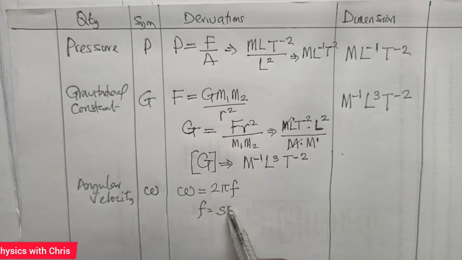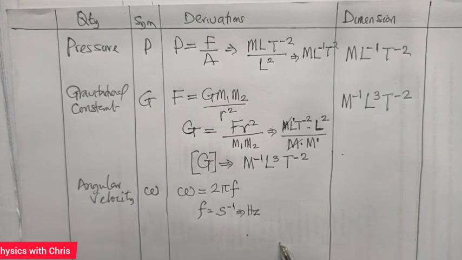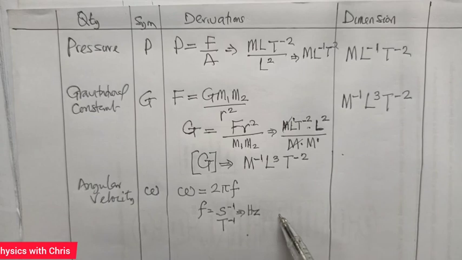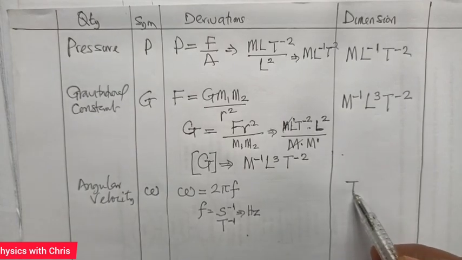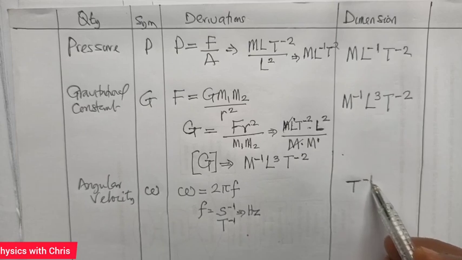That is, the unit of frequency is per second, equivalent to the hertz, the one we commonly use for the unit of frequency. Now, per second means T raised to power minus 1. Which means the dimension of angular frequency will be T^-1.